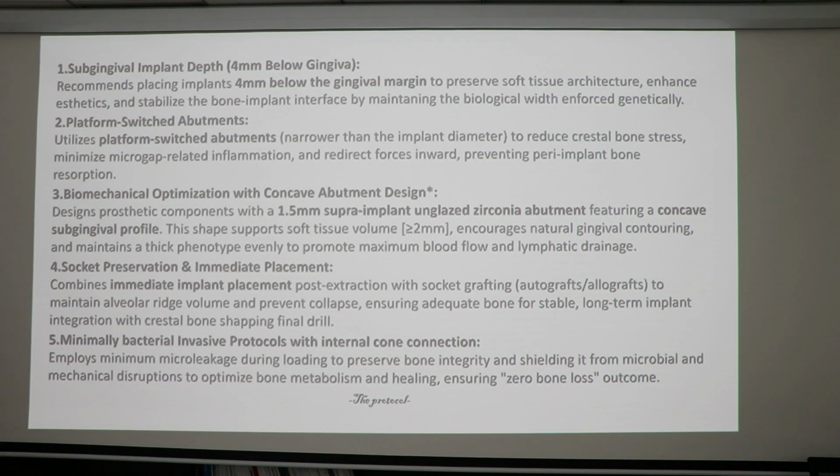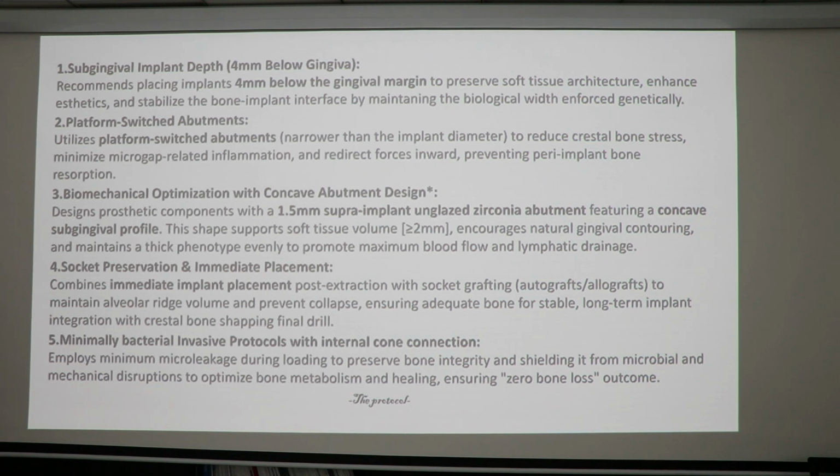Biomechanical optimization with concave abutment design. Designs prosthetic components with a 1.5 mm supra-implant unglazed zirconia abutment featuring a concave subgingival profile. This shape supports soft tissue volume more than or equal to 2 mm, encourages natural gingival contouring, and maintains a thick phenotype evenly to promote maximum blood flow and lymphatic drainage.